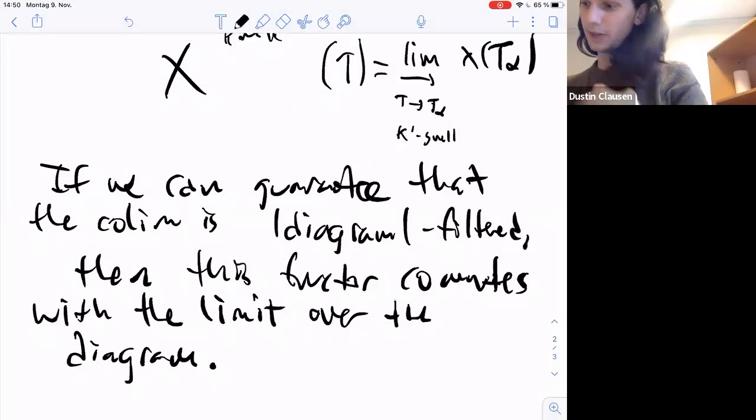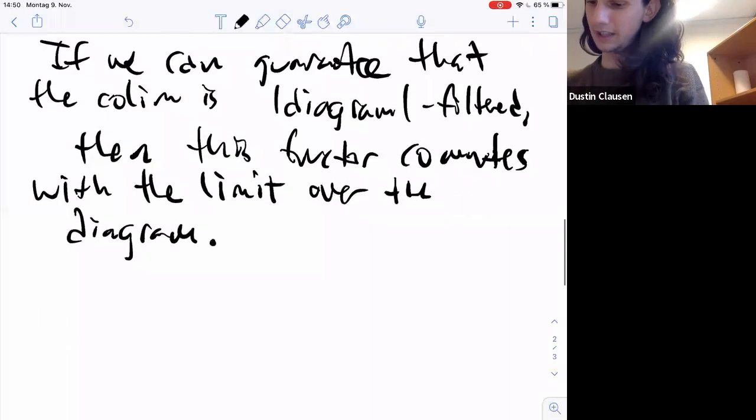All right, so how do we guarantee that? So the key lemma is this.